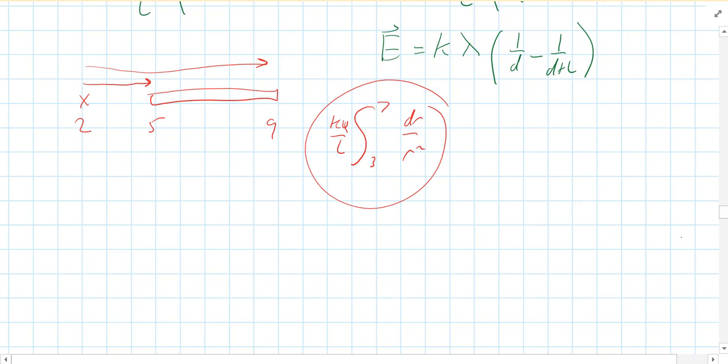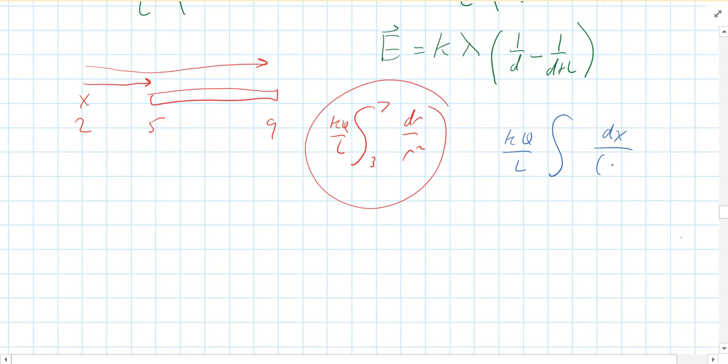But what if you see a test, or they ask you a question in terms of x? These are values of x along the x-axis, 2, 5, and 9 there. How would you write this in terms of x? You've got kq over L, the integral. What if they wanted dx instead of dr? Then you wouldn't have r squared.